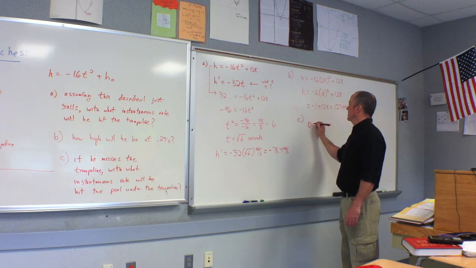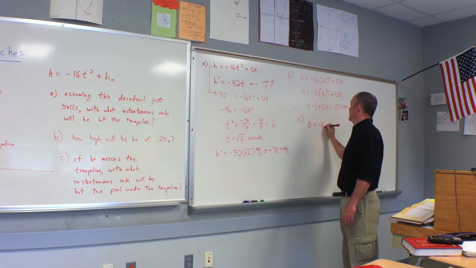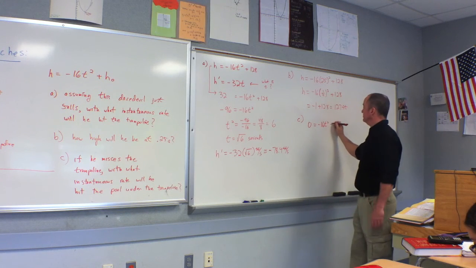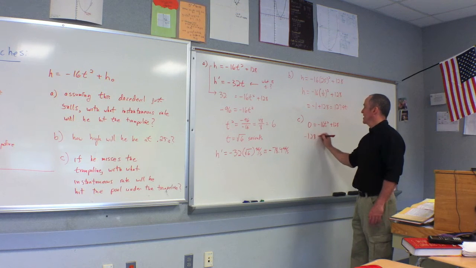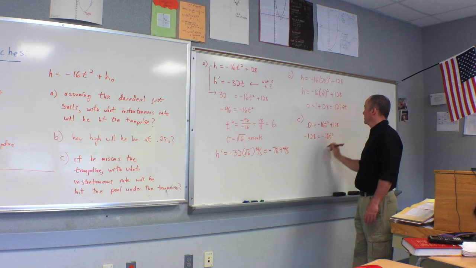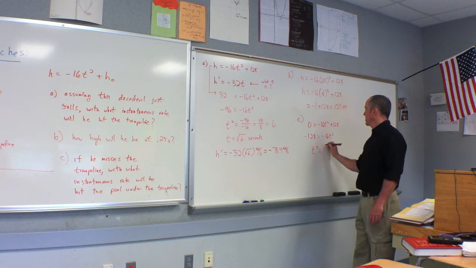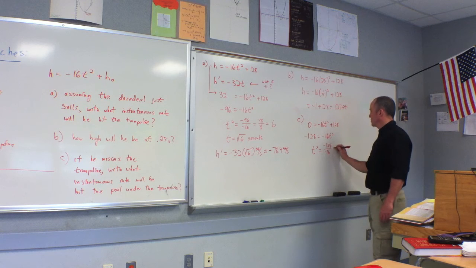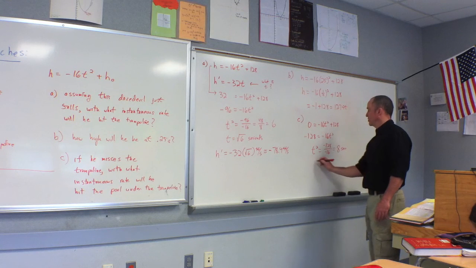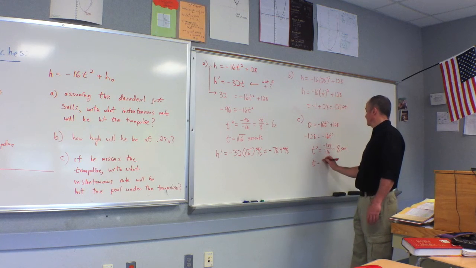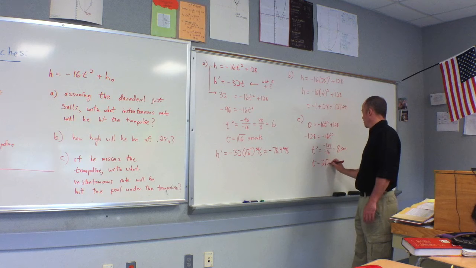So that's 0 feet equals negative 16t squared plus 128. So negative 128 equals negative 16t squared. T squared then is negative 128 over negative 16, which is 8 seconds. So t is 2√2 when you're done rationalizing it.